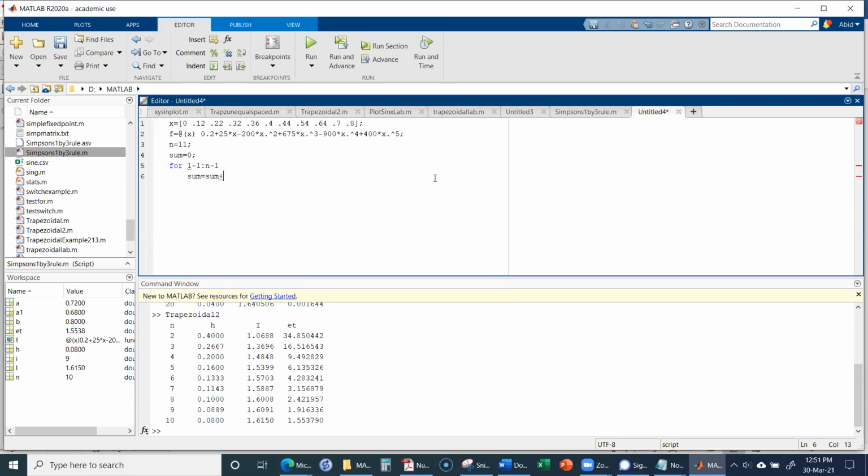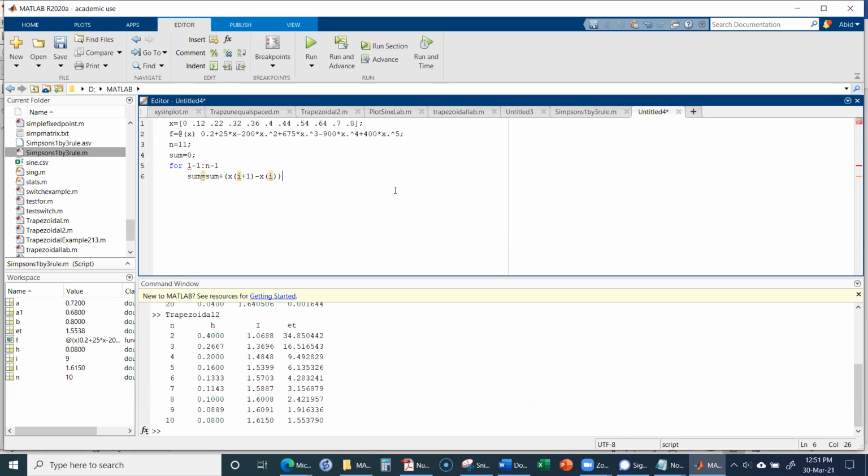That width of the first segment will be given by x of i plus 1 element minus the xi element.